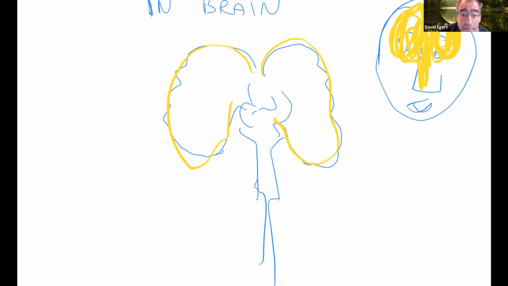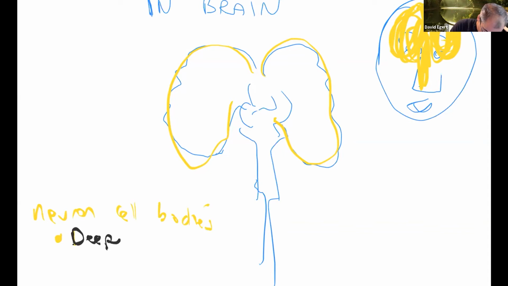When we think about where the neuron cell bodies are, there's going to be deeper nuclei. So maybe I'll draw it right here.